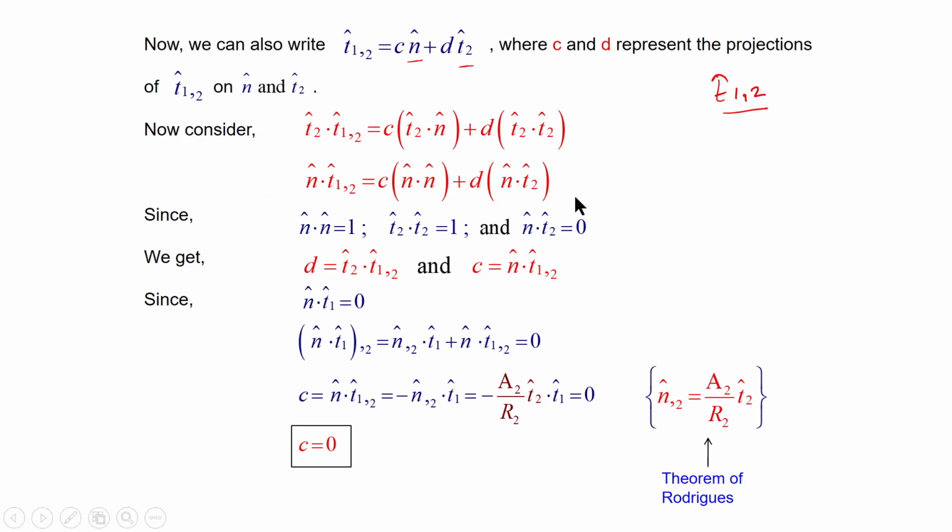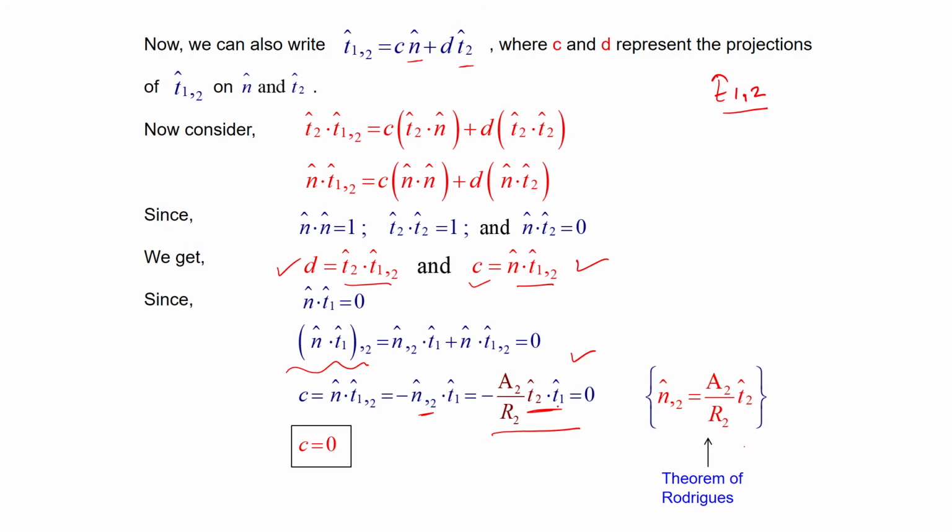So, from there you again get equations D and C like this, and using the concept of n dot T1, now this time taking the derivative with respect to 2. For deriving the previous equation we have taken the derivative with respect to 1. So, again n comma 2, using the theorem of Rodrigues, can be represented like this.